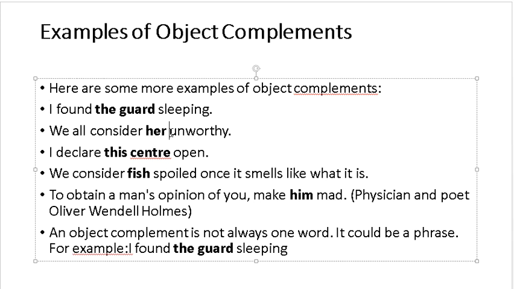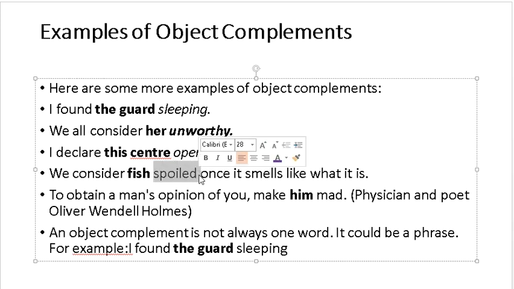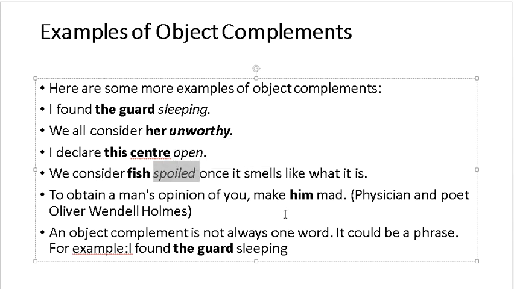So that's why unworthy is basically the object complement. Sleeping is the object complement. I declare this center open. I am not declared open. This center is declared open. So accordingly, we consider fish spoiled. Here, this is the object complement.